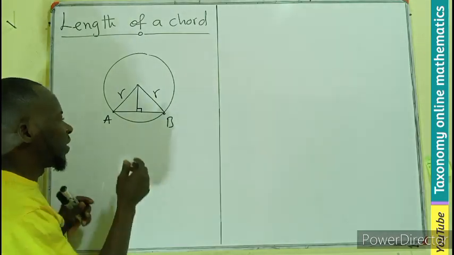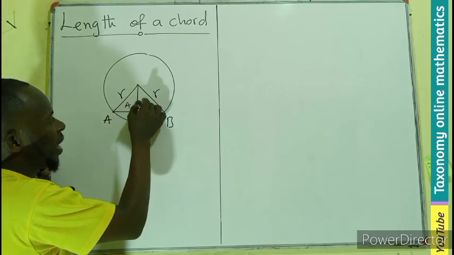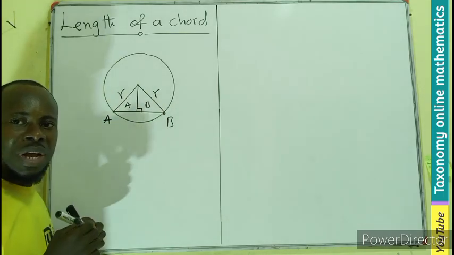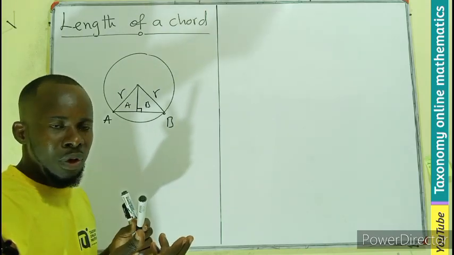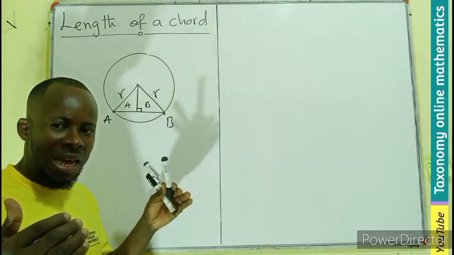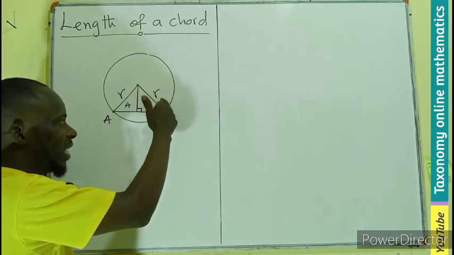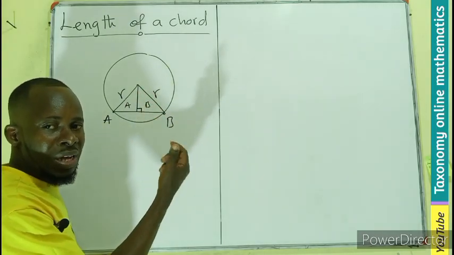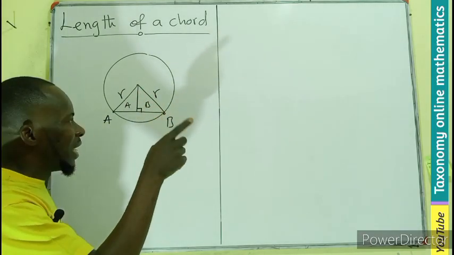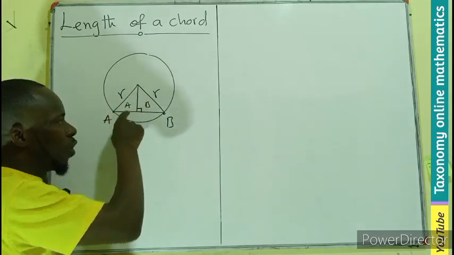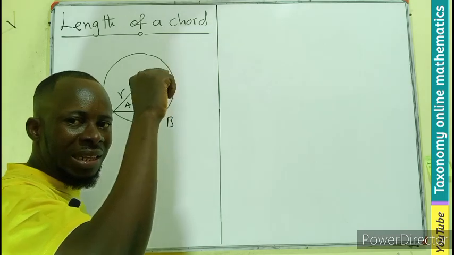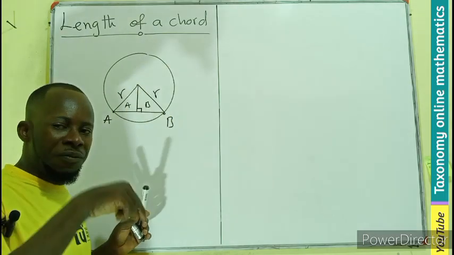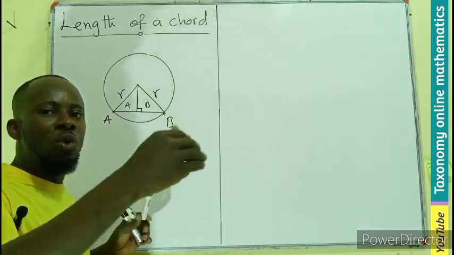So in this case, if I have here to be A and B, you can see I'm having two right angle triangles which are going to be similar because the length here, which is the hypotenuse, is going to be the radius, the same as the hypotenuse of the second triangle. Then the line from the center towards the chord divides the chord into two equal parts.